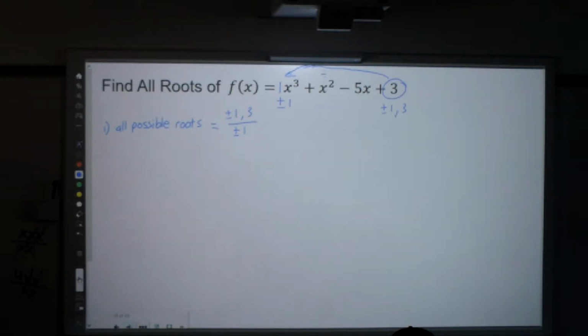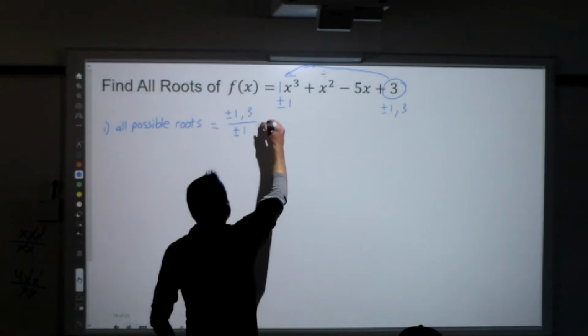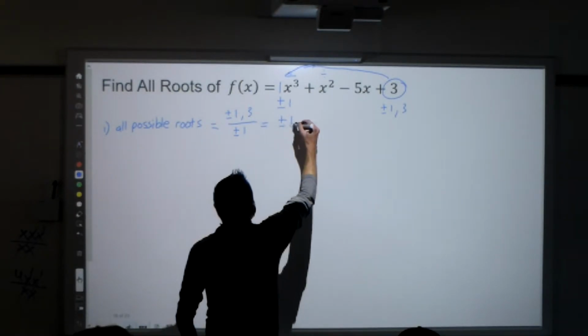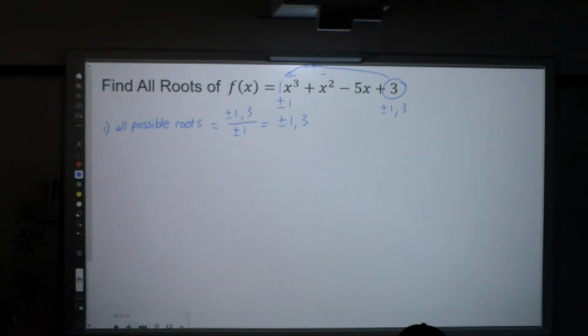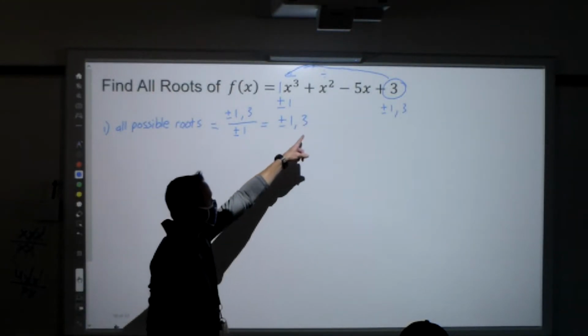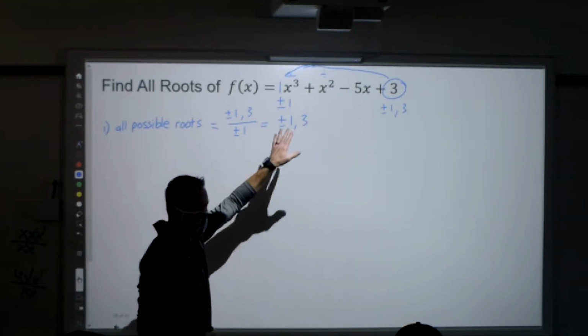Now, what happens when you divide something by 1? Stays the same, right? So, our possible rational roots here are plus or minus 1 or 3.